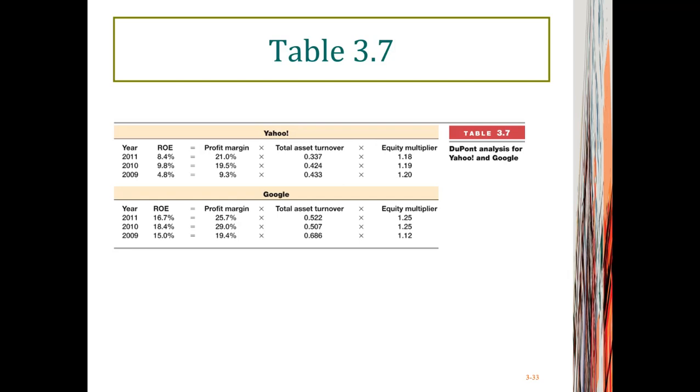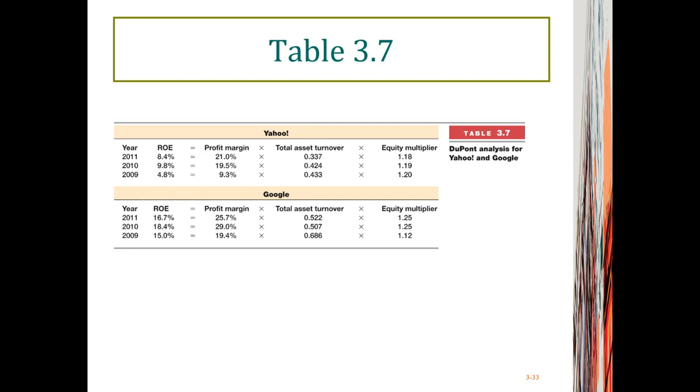ROE declined by 1.4%. So what was going on? Here you see what was going on. First of all, profit margin has increased. Well, that's kind of surprising, because if profit margin is increasing, you would expect ROE to increase, right? But actually it declines. So what was going on? Well, you need to take a look at two amplifiers.